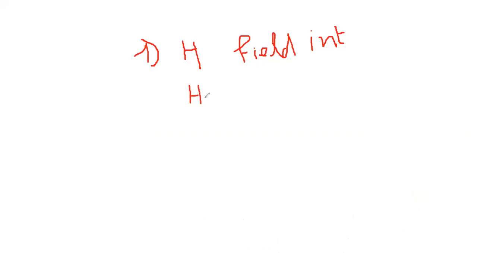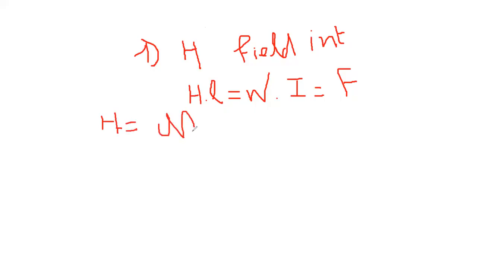This intensity H, using Ampere's law, H times L equals the number of turns N multiplied by I, which also equals the magnetomotive force F. So according to this expression, H equals NI over L, and it is equal of course to F over L. L is the mean length of the core and F is the magnetomotive force.